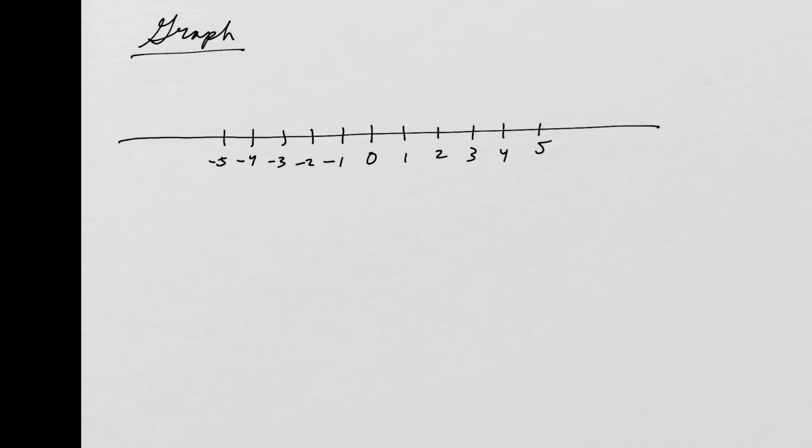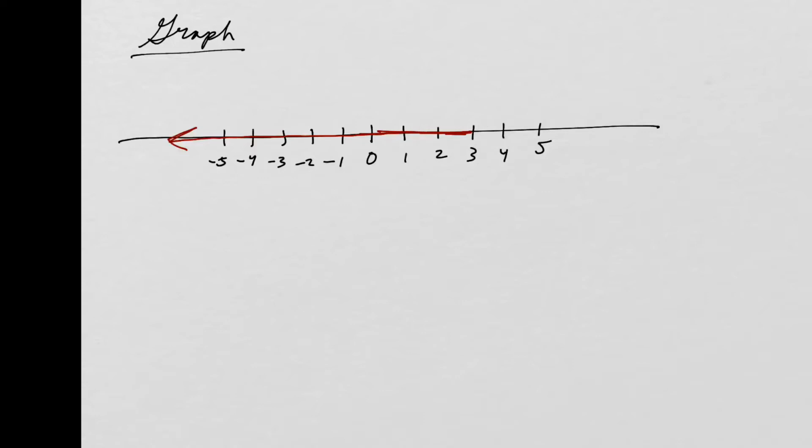Okay, so I want all the x's that are less than or equal to positive 3. So basically, everything from 3 to the left is included, right? So everything from 3 to the left is included.